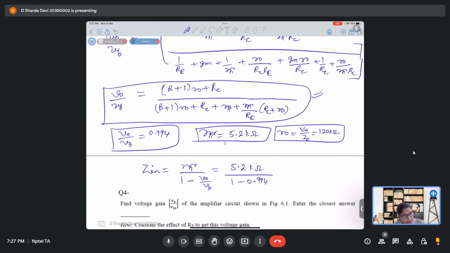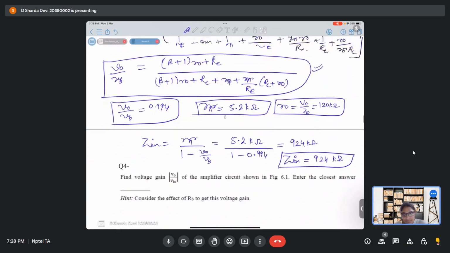So the value turns out to be 924 kilo ohms. So Zn is 924 kilo ohms. Is this clear? It's a tedious process, very lengthy calculation, but yeah, the final answer is 924 kilo ohms.